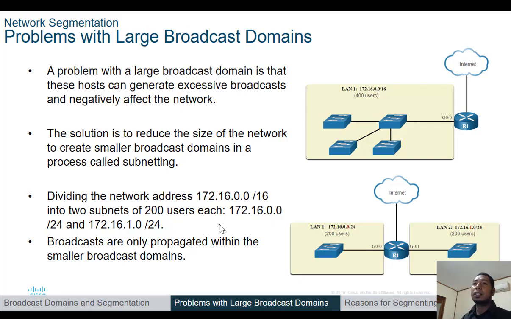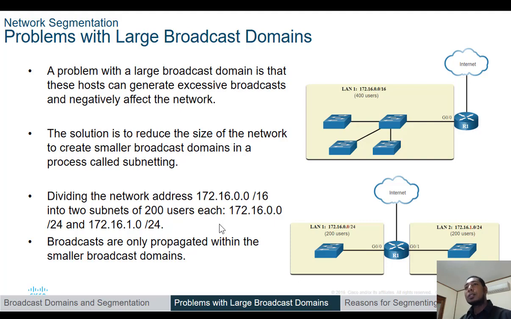First address, you don't use that. That's your network address. Last address, you don't use. That's your broadcast. That is why when you look at tons of videos on YouTube or other resources that talk about broadcast addresses, if you go through these videos, and if you read about subnetting, you will notice they usually use a formula to find out the number of hosts, and they say 2 raised to the power of the number of bits that you're going to borrow to find the host, and then -2.